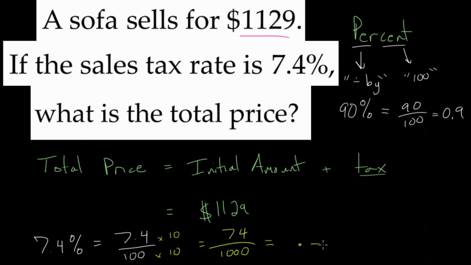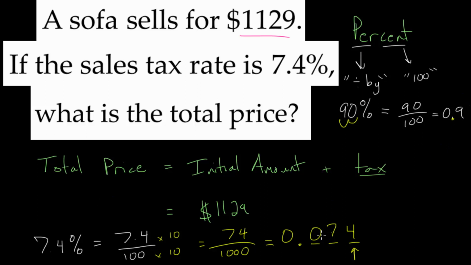If we write out our number to the thousandths place, this is our tenths, hundredths, thousandths, and we have 74 of those. So the 4 is in the thousandths, the 7 is in the hundredths place, and then we fill in our zeros. So 7.4% is just 0.074. You could also just move the decimal twice to the left, since that will always happen with percents. Notice it ended up in front of the 9 here.